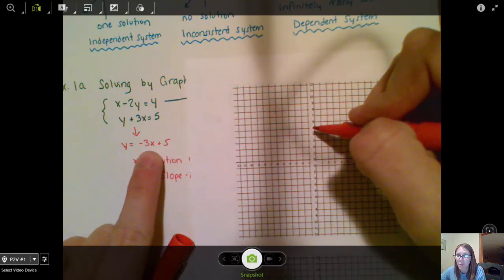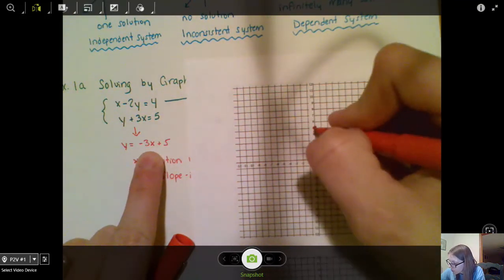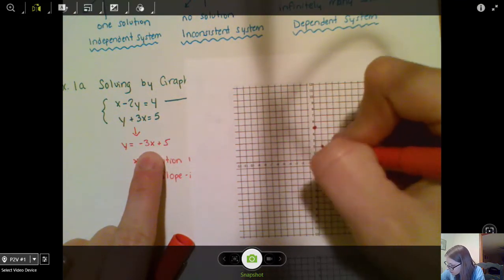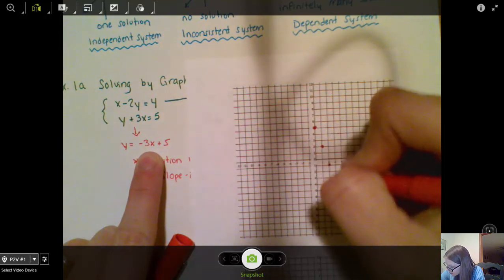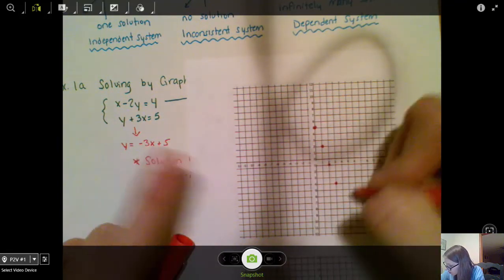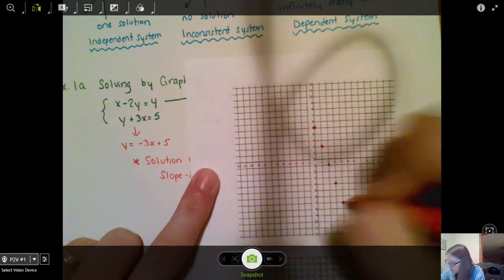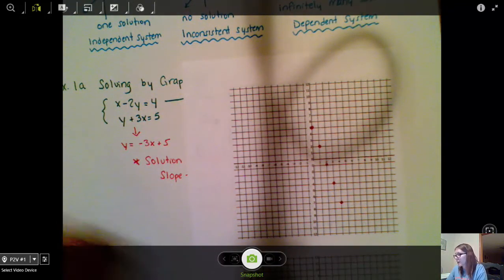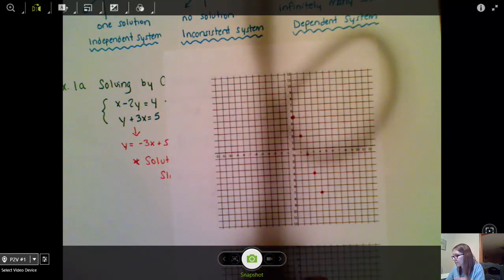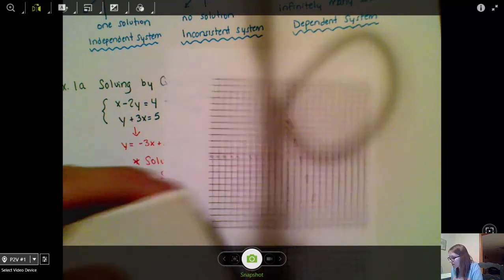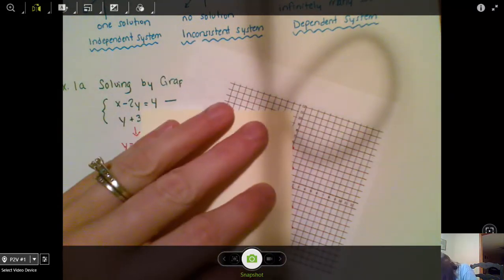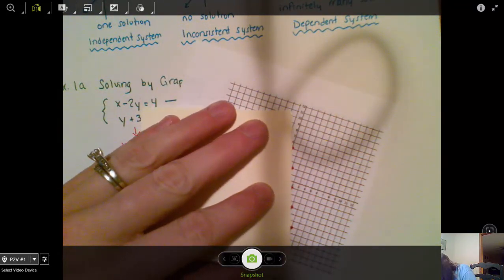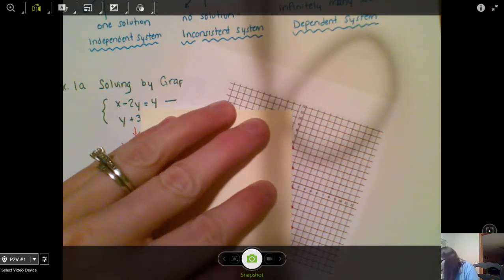And then my slope is negative 3, so I go down 3 and over 1. Do that a few times, just so we get a good idea of some points that are there. When we're solving by graphing, it's really important to use a straight edge so we get an accurate picture.